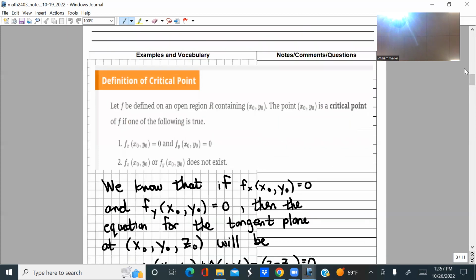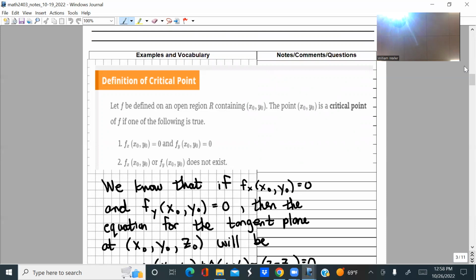A critical point for a function of two variables is a place where both your first derivatives are zero. Or notice there's one other possibility, where either first derivative is not defined. Watch out for this one, it's easy to miss.